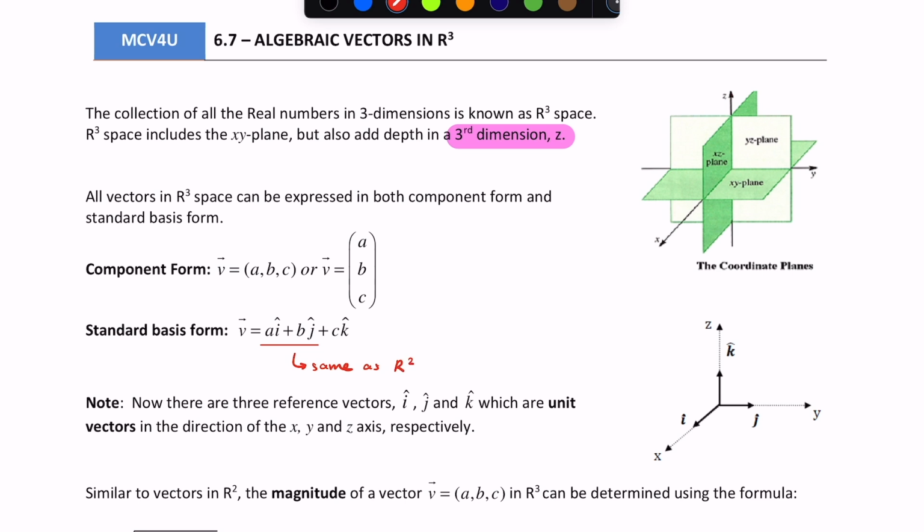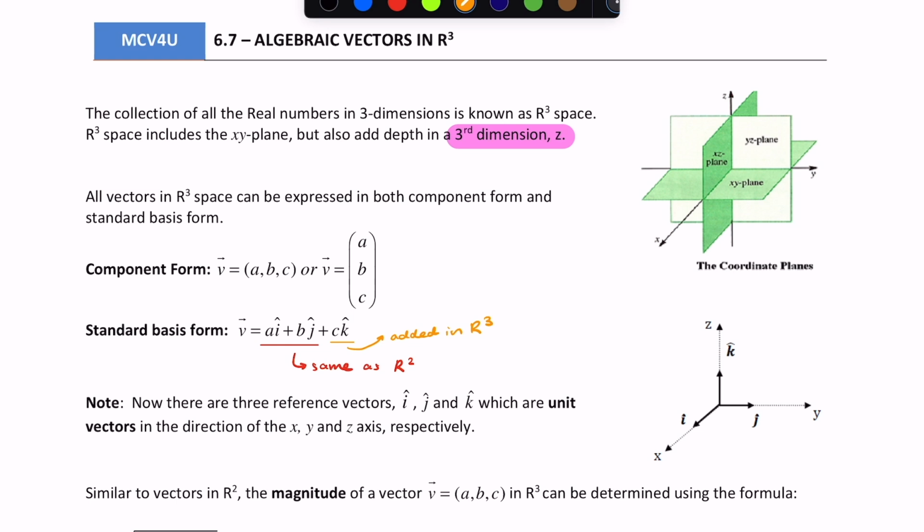But here we're going to add plus c times the unit vector k. So this is added in R cubed.